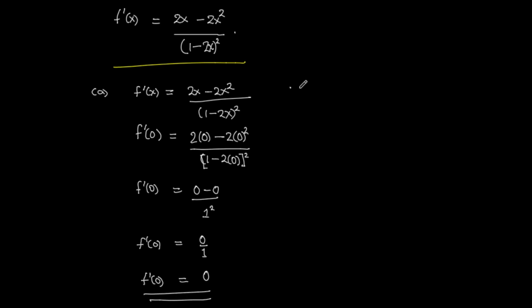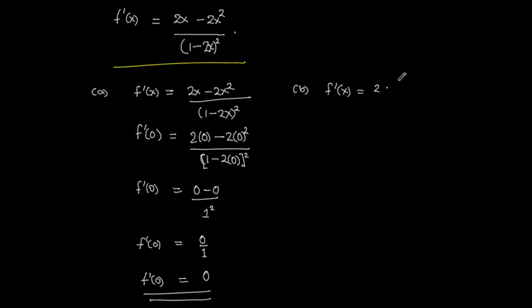Let's move again to the next part, and that is part B of this question, which is saying find f inverse of, f prime of x. So firstly, let's recopy our formula here.